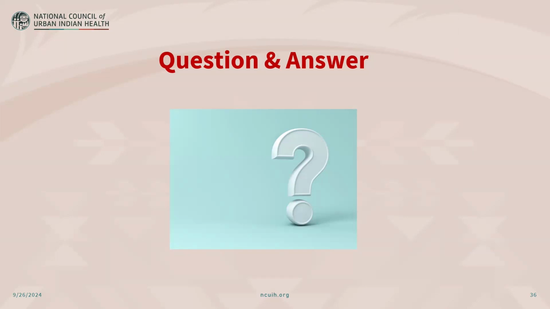Hi, I'm Kimberly from American Indian Health and Family Services in Detroit, Michigan. I've definitely used storytelling, like testimonial quotes from community members, in grant proposals and in reports, as well as in other fundraising things.